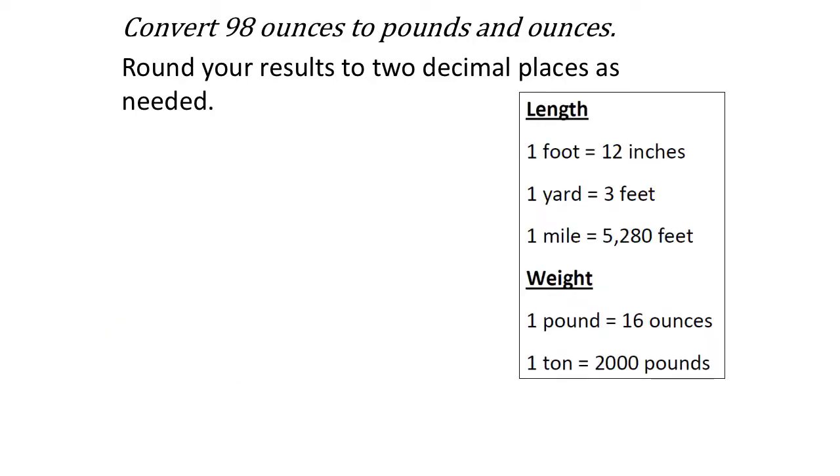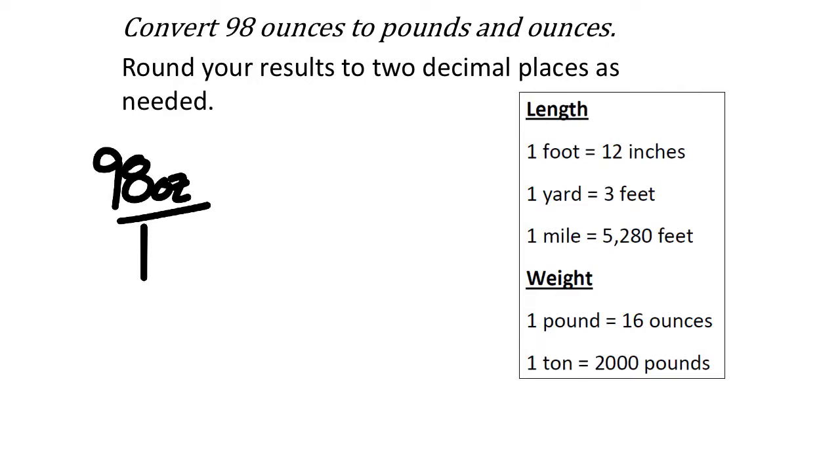So it's going to work the same way with weight, like we have on this one. Convert 98 ounces to pounds and ounces. Well, we'll start with the 98 ounces. And again, I almost use the dimensional analysis here in order to see what the long division will look like.